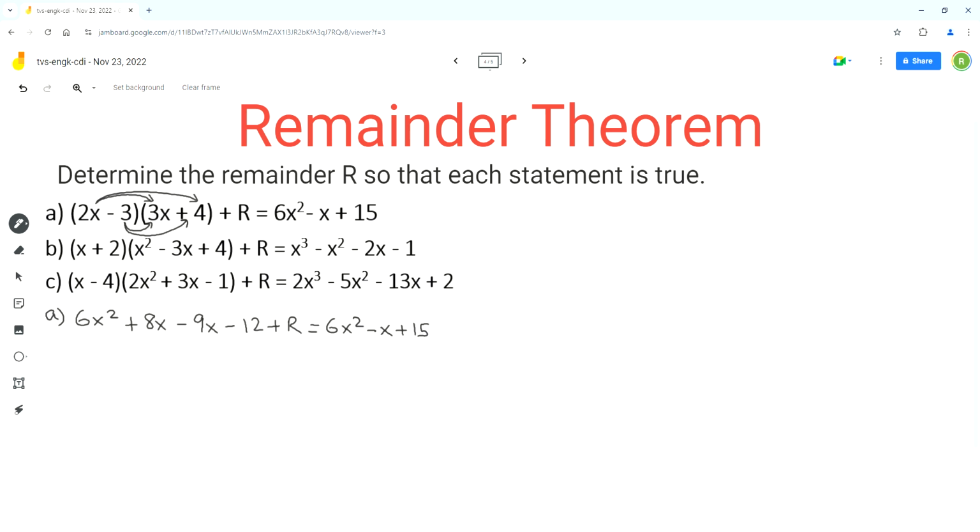Next, we can combine like terms on the left side of this equation. 8x and negative 9x are like terms. 8 minus 9 is equal to negative 1. So we get negative 1x or just negative x.